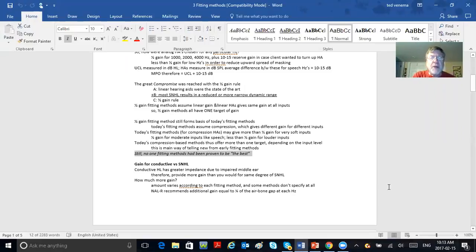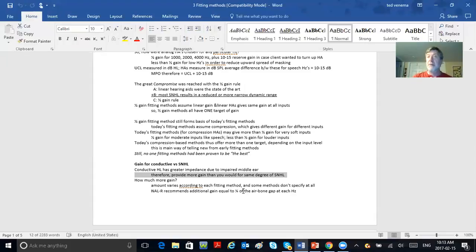conductive loss has greater impedance due to impaired middle ear. Therefore, you have to provide more gain than for the same degree of sensory neural loss. In other words, say you have a 50 dB sensory neural loss or a 50 dB conductive hearing loss. The sensory neural loss you're going to amplify by something close to half gain, especially with speech inputs.